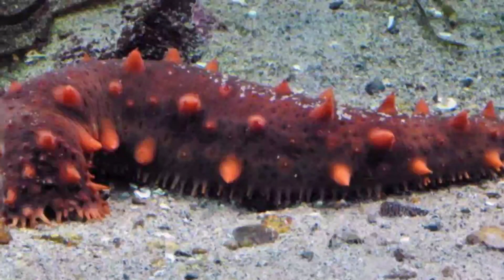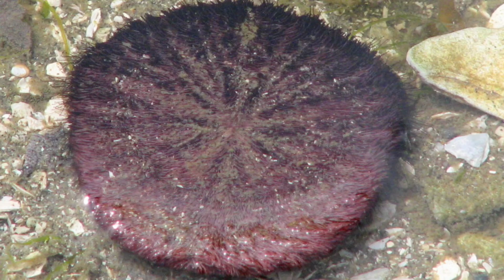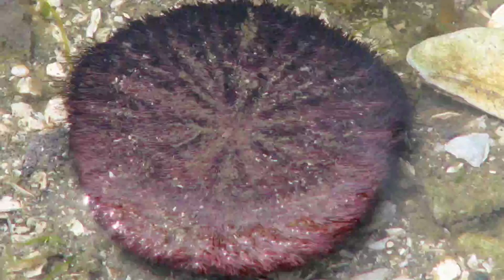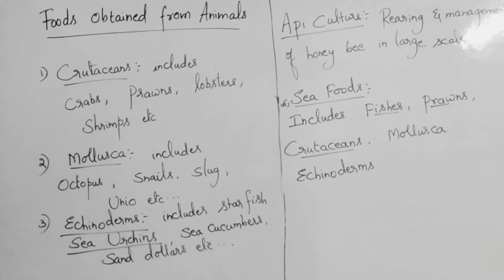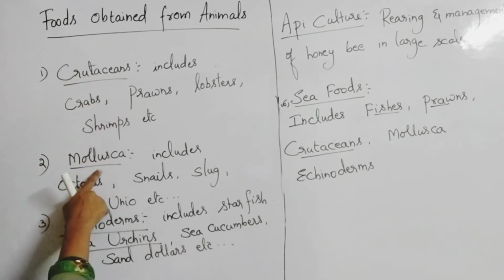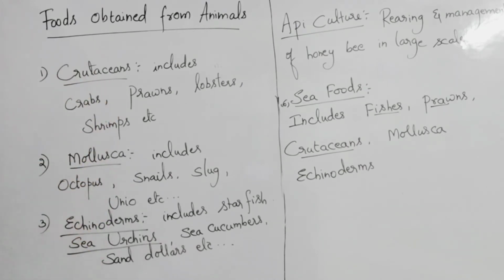Please note down all these points, dear children. It also includes sand dollars. All these come under echinoderms. So three types: crustaceans, mollusca, and echinoderms.